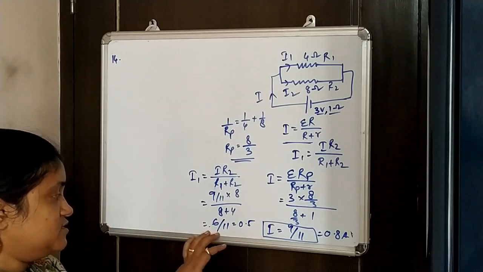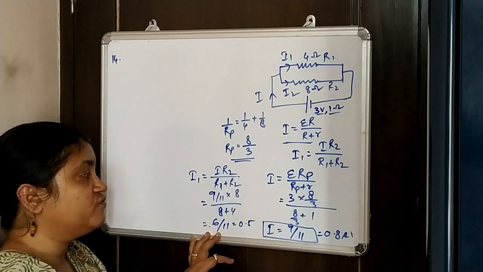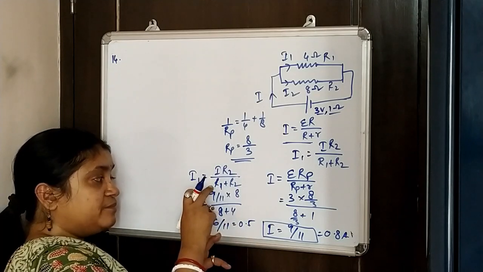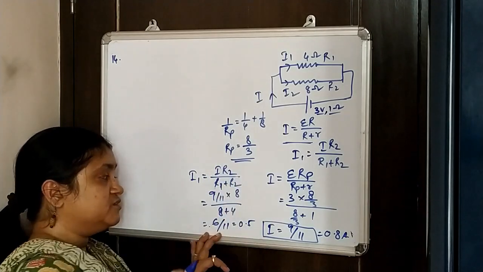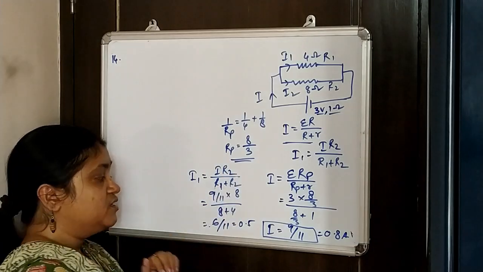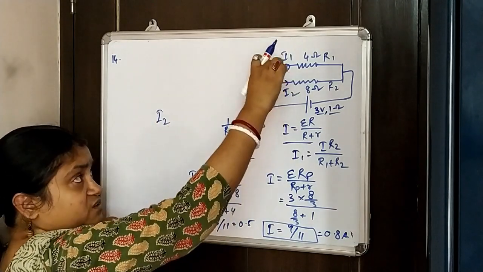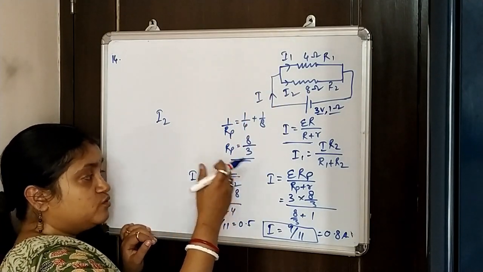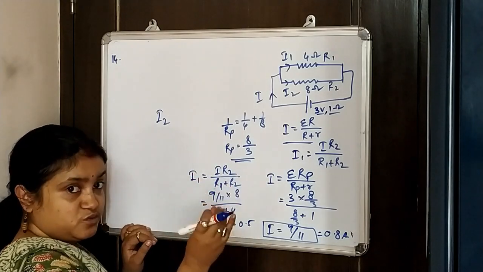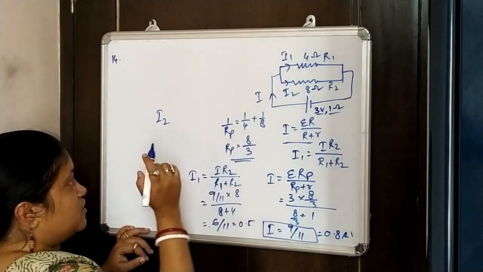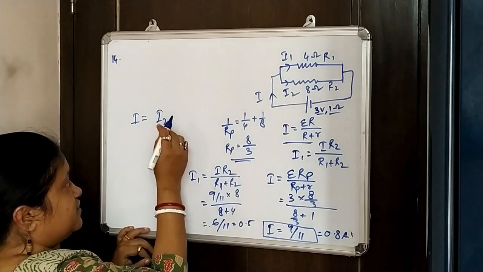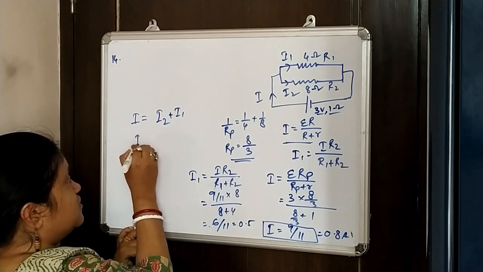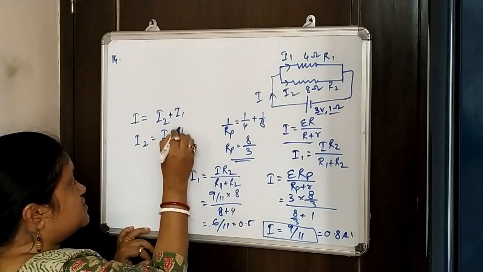So this is my I1, and now I need to find I2. To find I2, you can write I into R1 divided by R1 plus R2, but we are not going to do that. How can we find I2? Since there are only 2 here, if there are more, then you need to use that formula, but since there are 2, I am using one trick. The total current is I2 plus I1, and therefore I2 will be I minus I1.